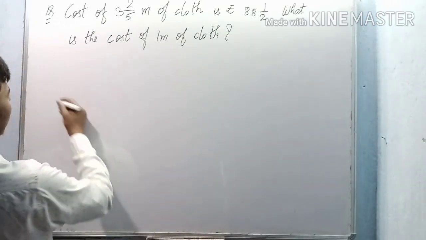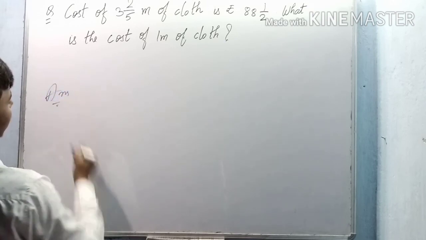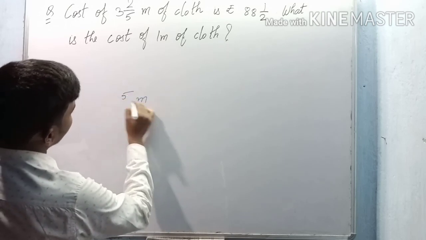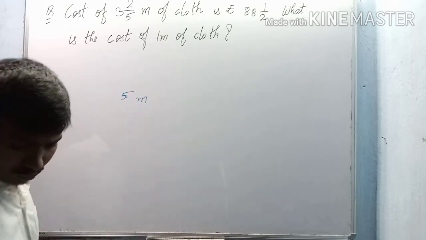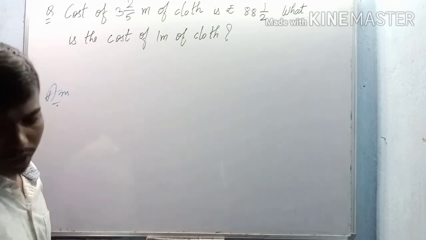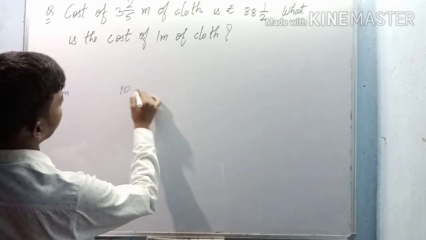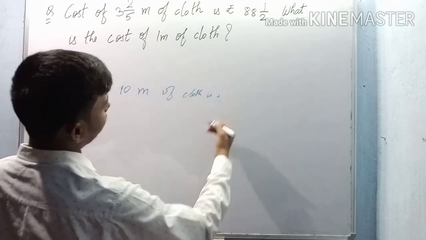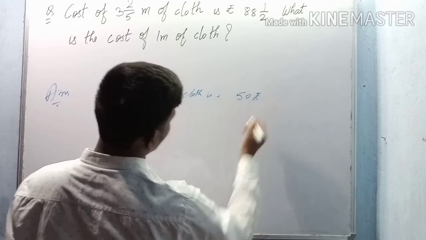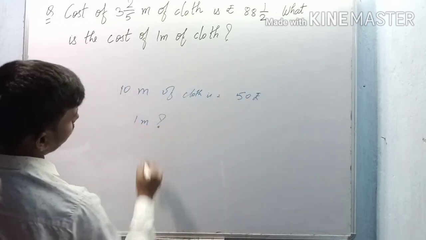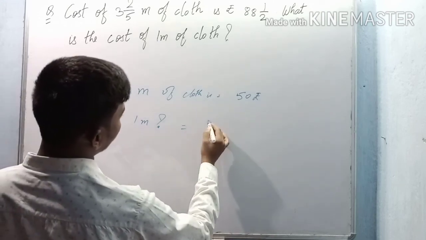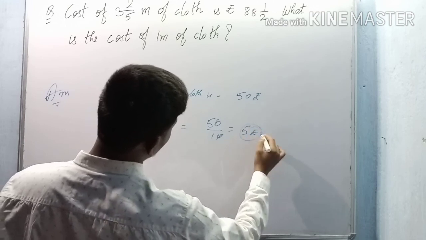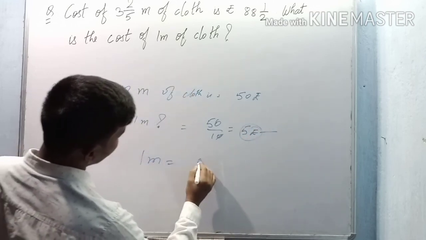Very simple. If we have not understood, let's make it simple. If I say that the cost of 10 meter of cloth is, let it be 50 rupees, and I ask what is the cost of 1 meter of cloth, what will we do? 50 divided by 10, 0 cancels, that is 5 rupees, means the cost of 1 meter of cloth is 5 rupees.